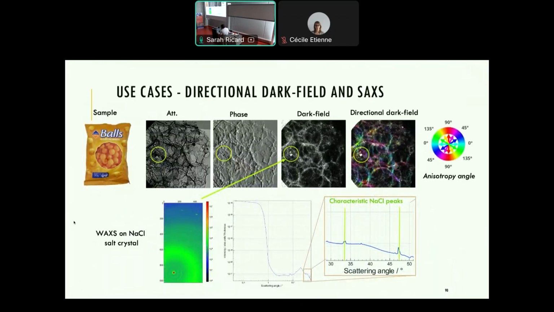These are results on, so they are not interested in biological applications, but these are some results. So this is the cheese ball from this aperitif. And this is the image that you get from attenuation. Okay, this is the image that you get from the refraction. What is interesting, for instance, here is the dark field.